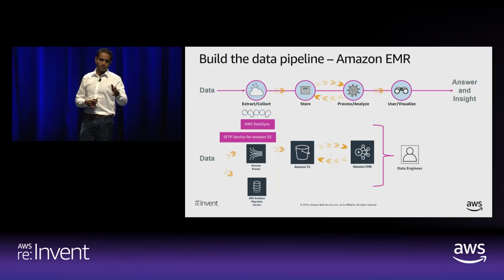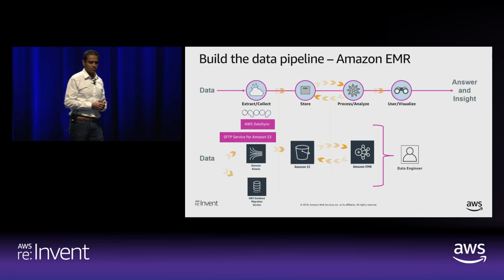Another one here is Sqoop that I want to add as well. Apache Sqoop is a tool that you could use to pull data from relational systems and push it to a data lake like Amazon S3 running with EMR.